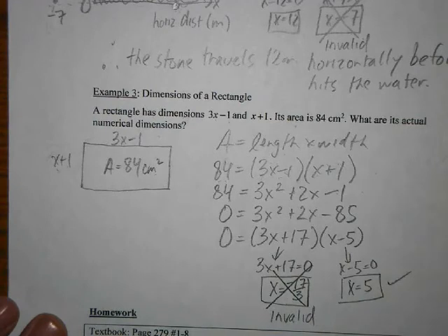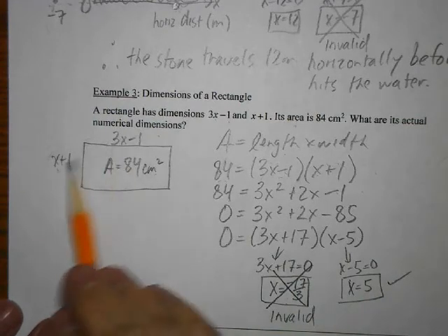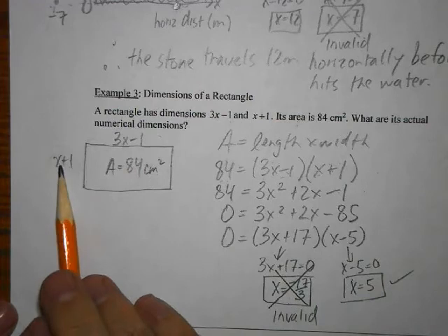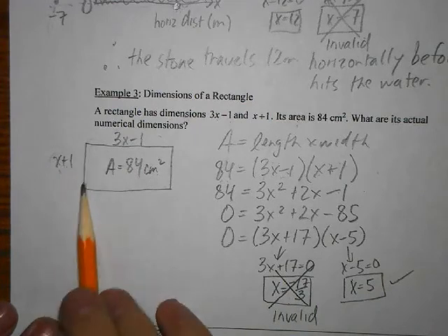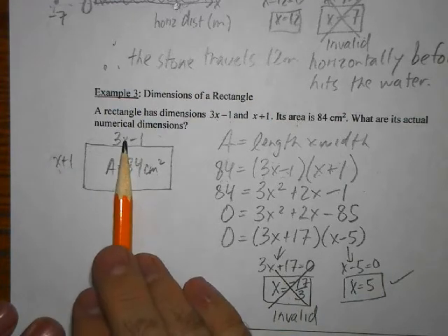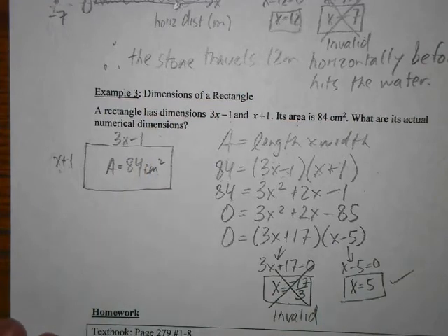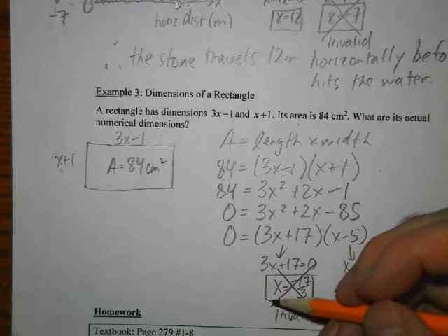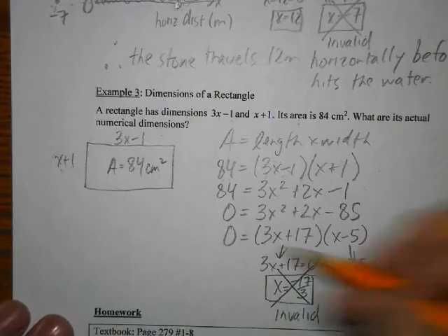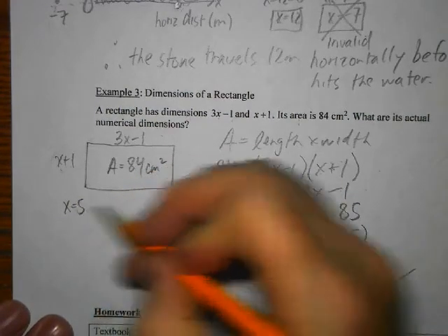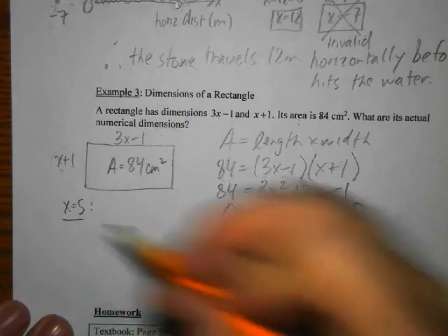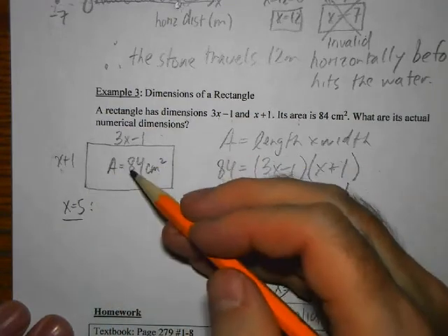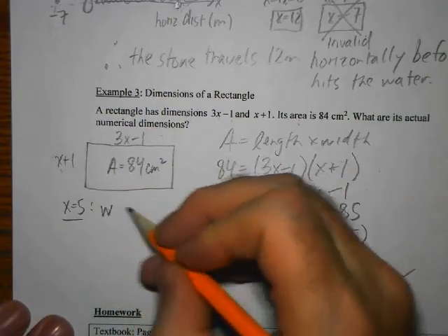So that means the x equals 5 would work, because if we plug in that, we get 6 centimeters here, and we get 15 minus 1, 14 centimeters there. Okay, and that's going to actually be part of our next step here. So if we take this x equals 5, then let's just assume that the width is the top one.